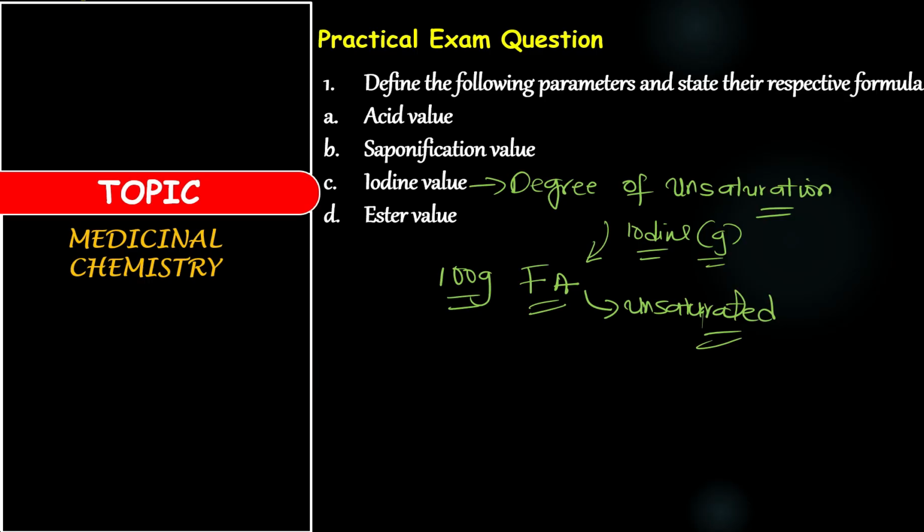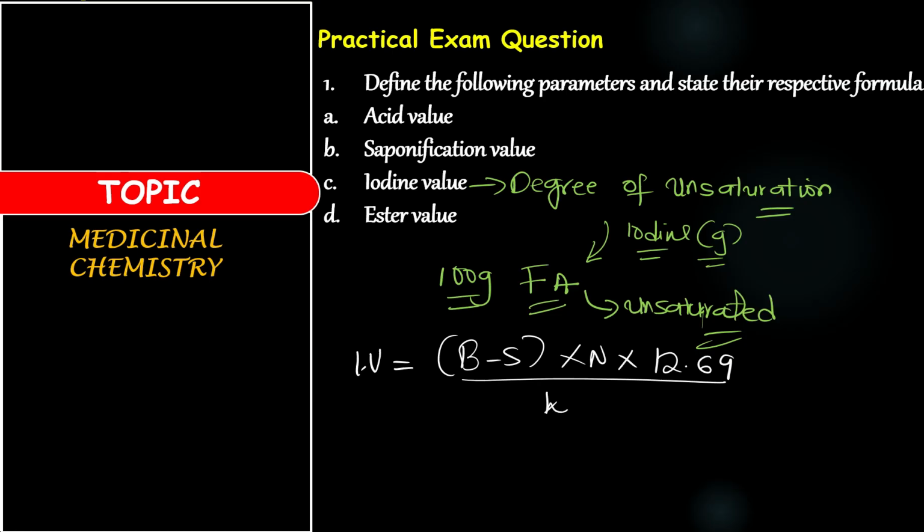Now, what is the formula? Iodine value is equal to B minus S times normality times 12.69 divided by W. B minus S is the volume of sodium thiosulfate used, because this practical will actually require the use of sodium thiosulfate.